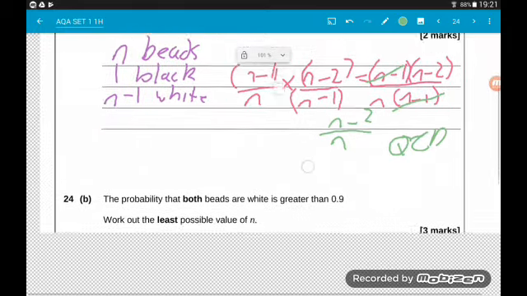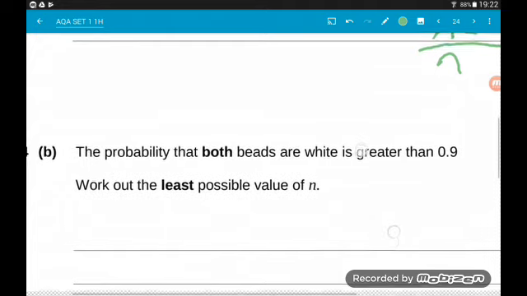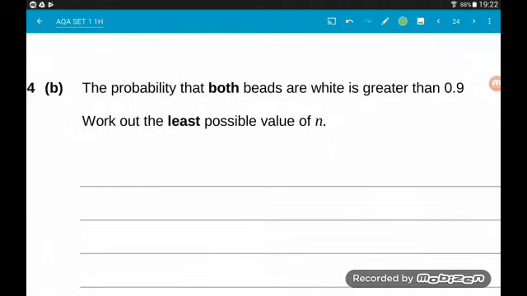Okay, and then for part 2, we are told that the probability that both beads are white is greater than 0.9. We want to work out the least possible value of n. So this thing that we've just worked out algebraically, n minus 2 over n, we are told that that is greater than 0.9.